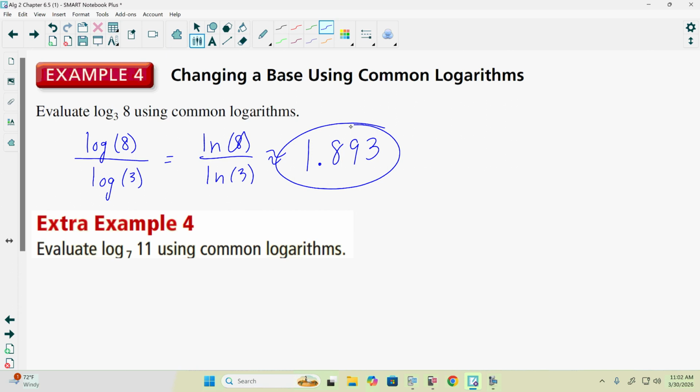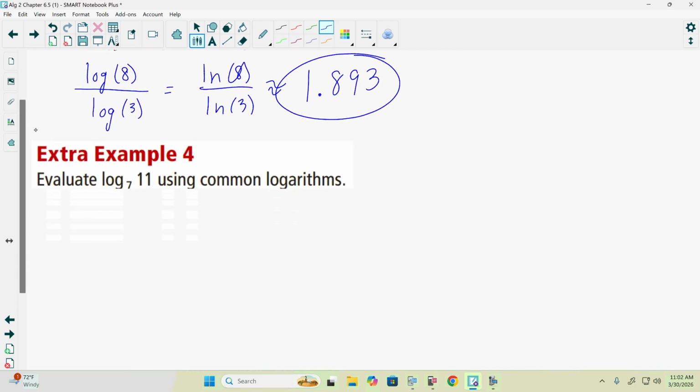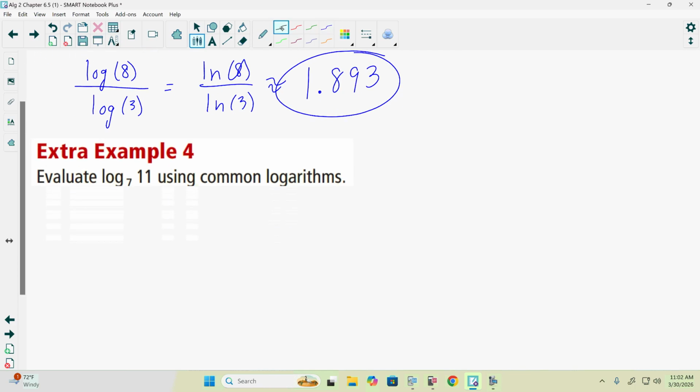Questions on this here? How would we rewrite log base 7 of 11 using common logs? It would be log of 11 over log of 7.